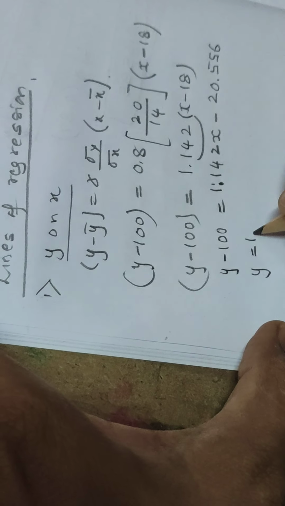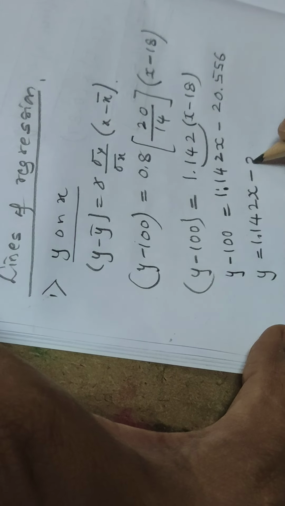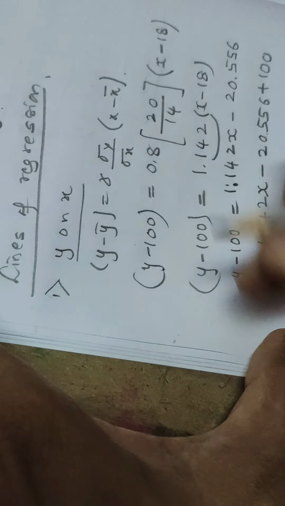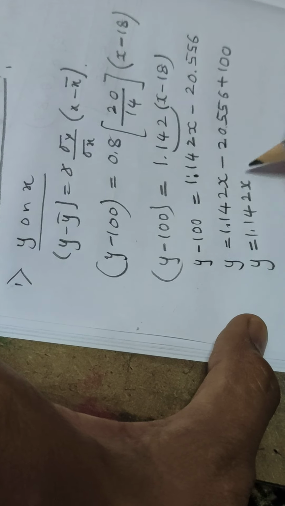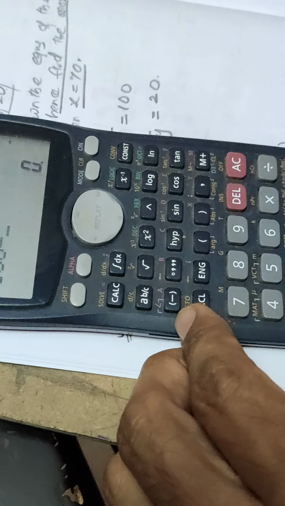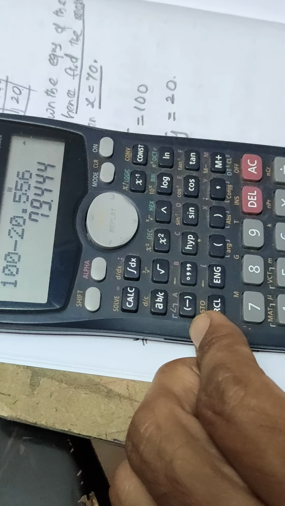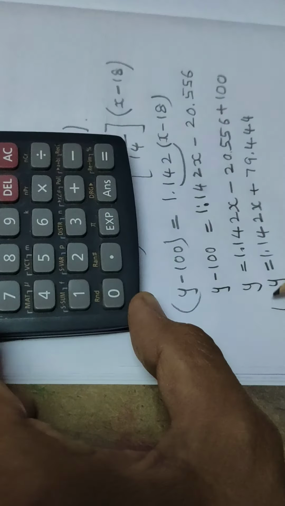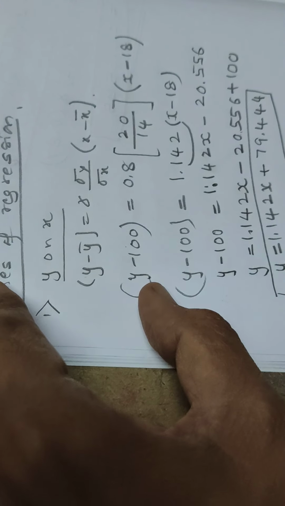So y is equal to 1.142 x minus 20.556 plus 100. I am shifting this 100 to that side. So y is equal to 1.142 x plus, 100 minus 20.556 gives 79.444. So this is one of the lines of regression, in terms of y.